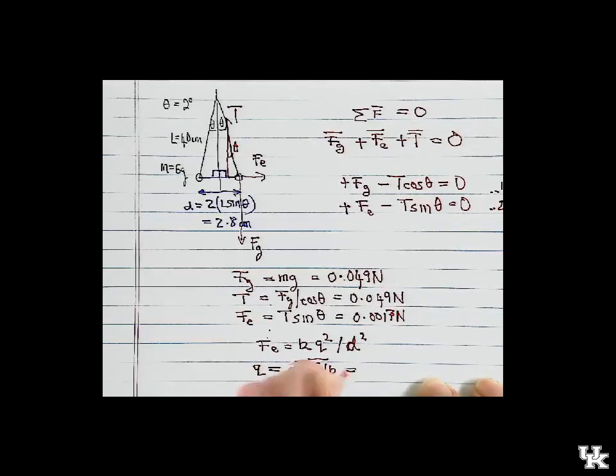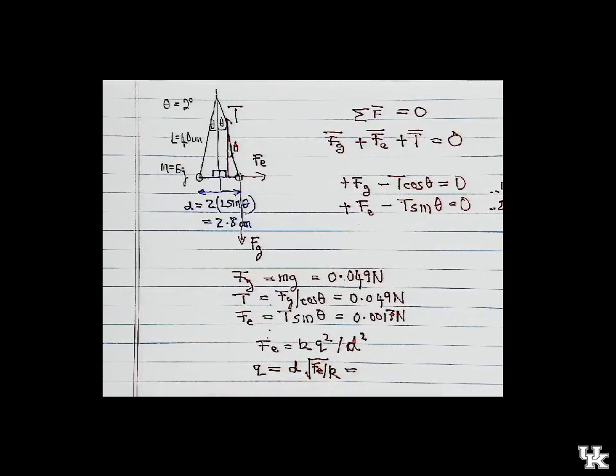I get this equation here: the charge on either sphere is equal to the separation between the spheres multiplied by the square root of the electrical force divided by the Coulomb constant.